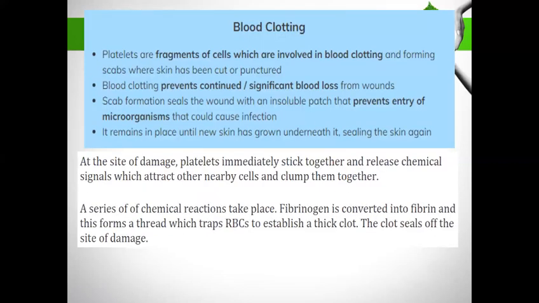Now, blood clotting: platelets are the fragments of cells involved in blood clotting. How do they do this job? They secrete some chemical, and this chemical converts soluble fibrinogen into insoluble fibrins, and these insoluble fibrins make the fibers. And these fibers move to the cut site and seal the wound.